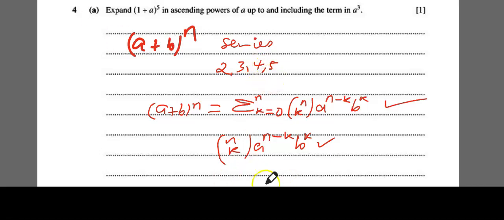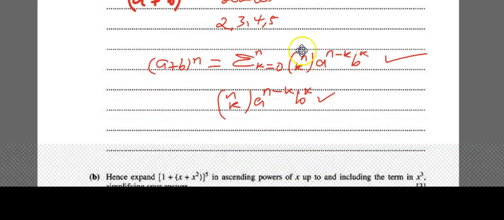So if we write down what we have, looking at the original equation, (1 + x) to the power 5 will be equal to the summation of k equals 0.